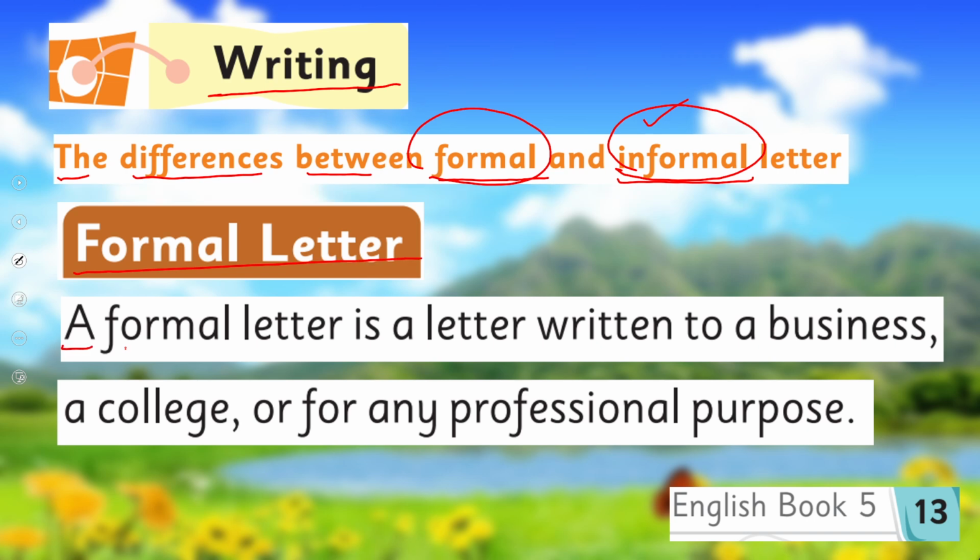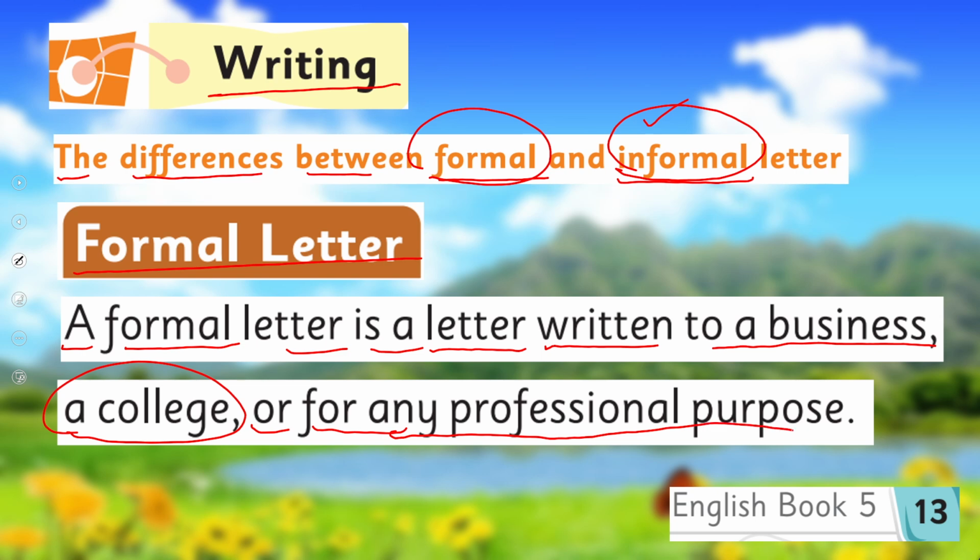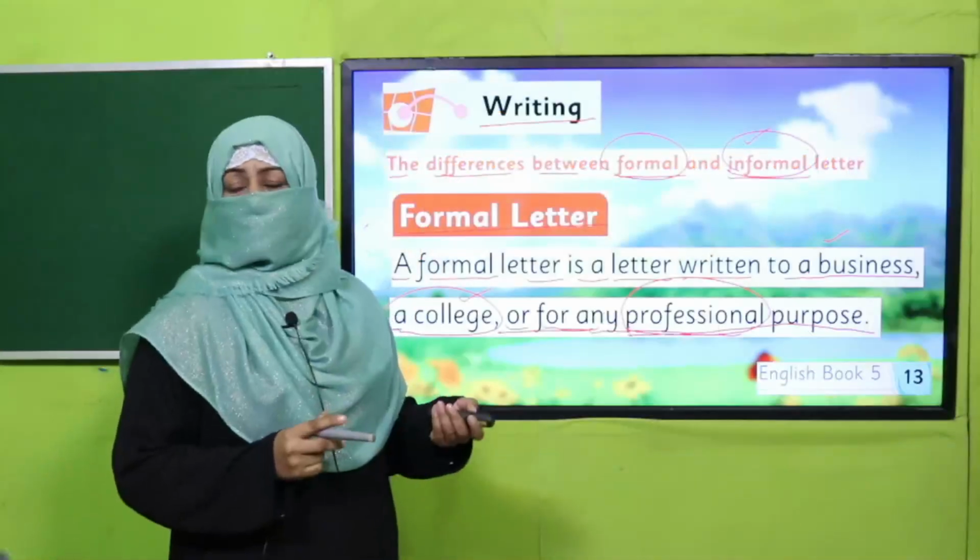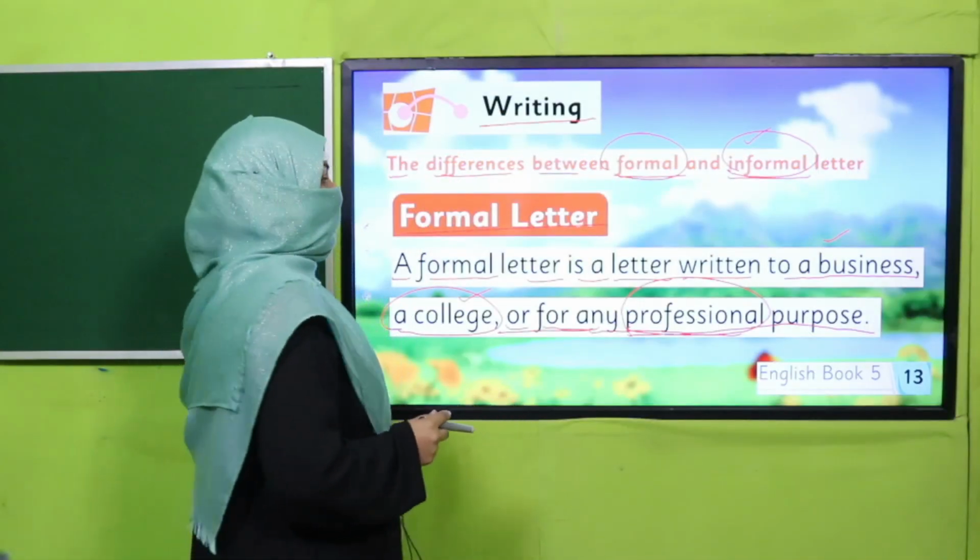A formal letter is a letter written to a business, a college, or for any professional purposes. Right? The purpose is professional. You are not writing for personal purpose. You are writing for professional purpose, to a business, to a college, or to someone. You have a message which you want to convey professionally, right?